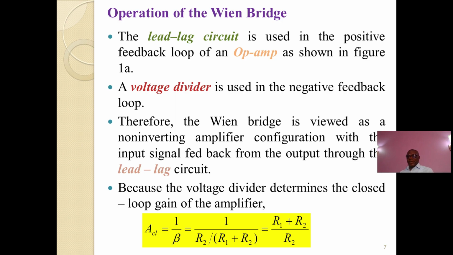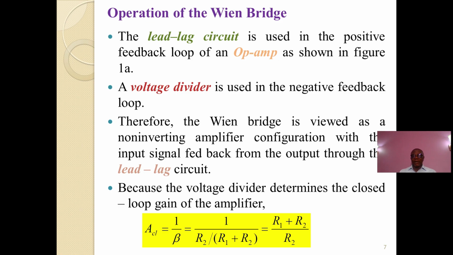Because the voltage divider determines the closed loop gain of the amplifier, we can now say mathematically that ACL, that is the closed loop gain, is equal to 1/beta, which is equal to 1 over R1 and R2 in parallel.